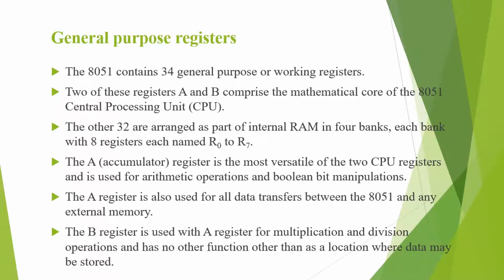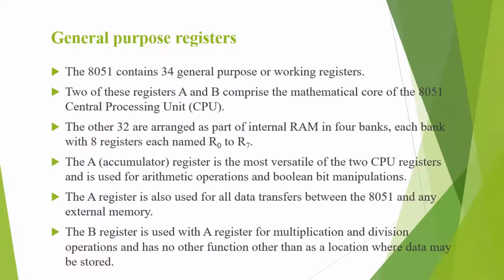The accumulator or the A register is the most versatile of the two CPU registers. That is, out of A and B, A is the most versatile register and it is used for many arithmetic operations like addition, subtraction, multiplication and division, and also logic operations like Boolean bit manipulations.